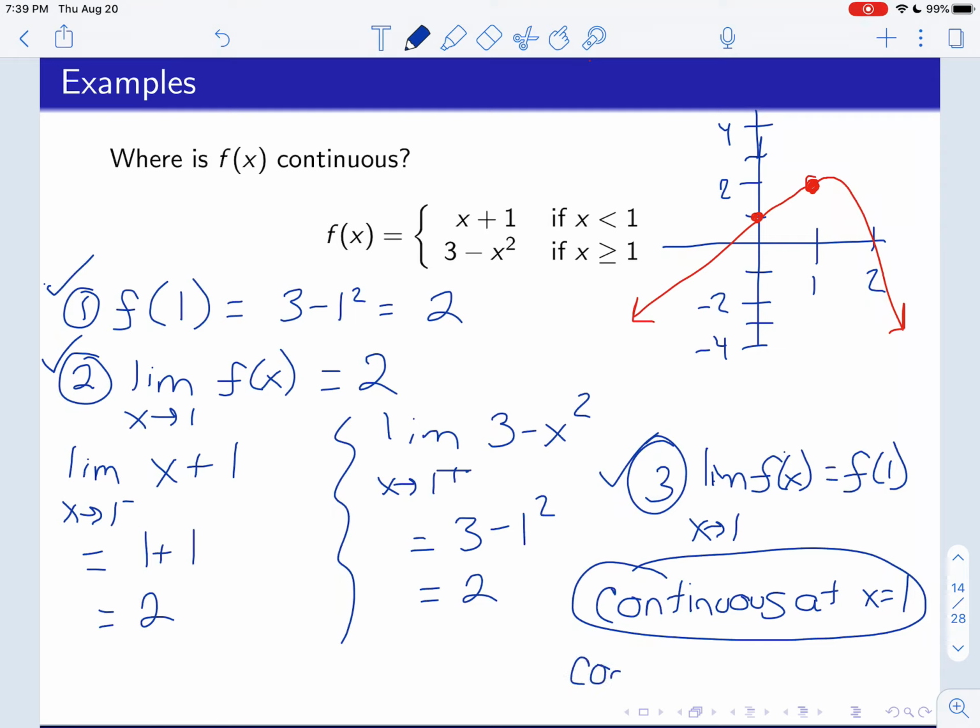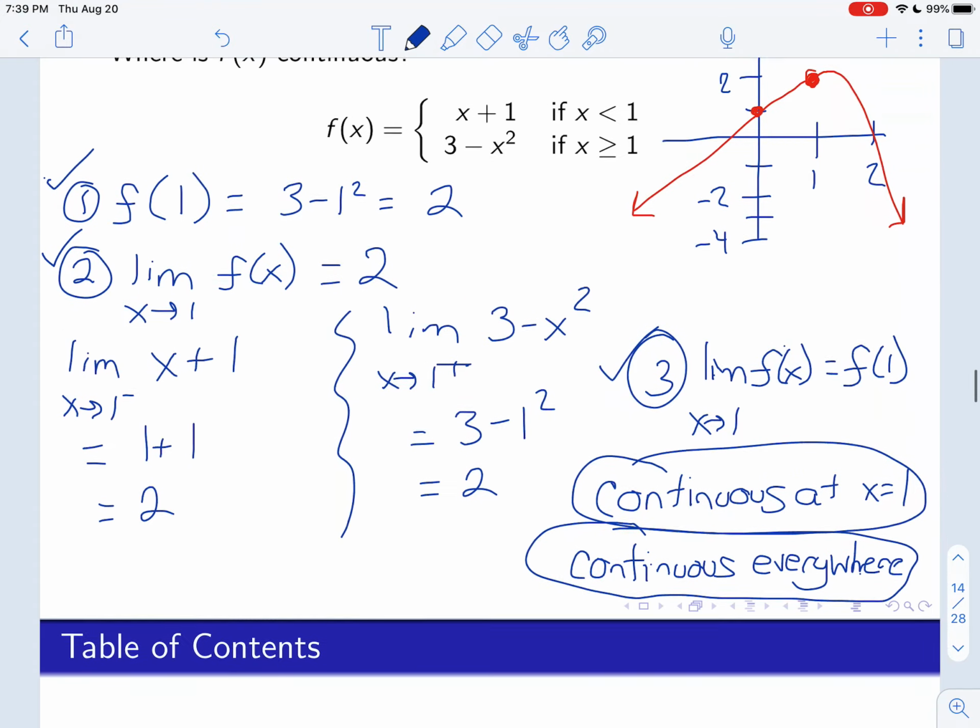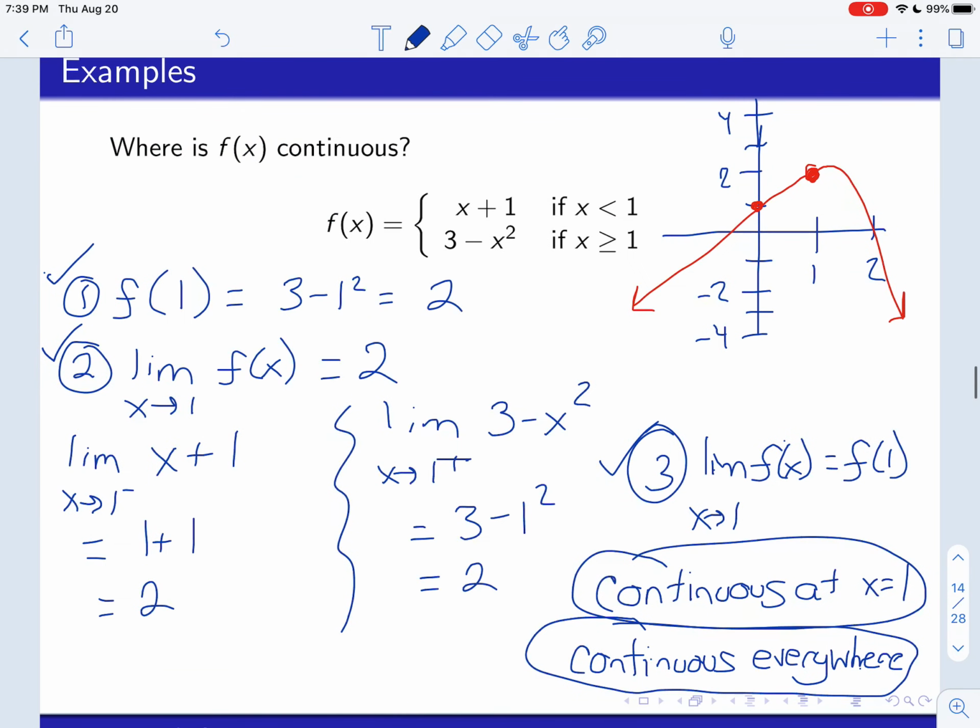And so it's okay to say that something is continuous everywhere, not just at a single point. And we'll talk in a little bit more detail about that in the second video. All right, that wraps up our first video. So come back in the next one and we'll talk some more about this idea of continuous on intervals instead of points.